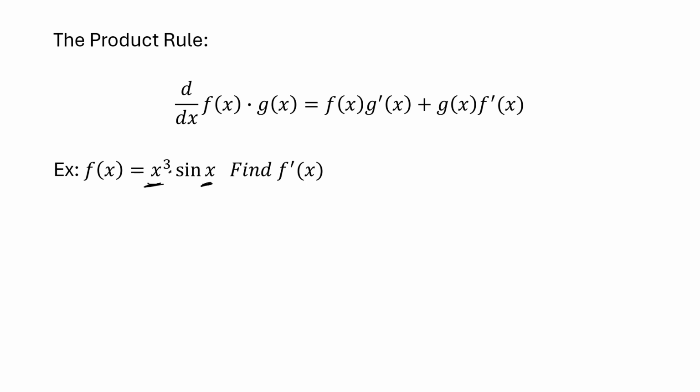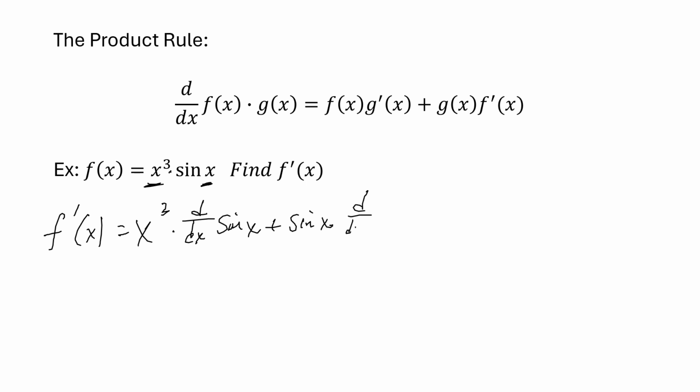All right, so the derivative, f prime, would be, leave the x cubed, we're going to have to derive sine x, plus leave sine x, and then we're going to have to derive x cubed. Leave the first, derive the second, plus leave the second, derive the first.